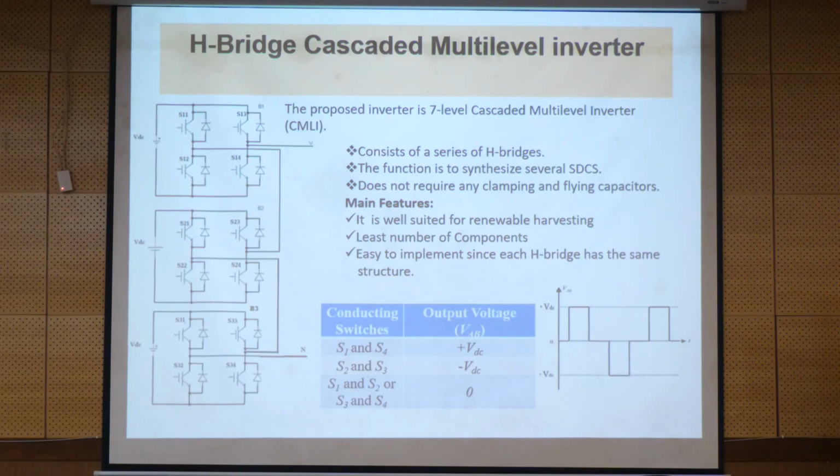In simple terms, the gate circuit requires 15 volts. Your device is another, the power circuit. We can say there are three types: power circuit, control circuit, and interfacing circuit.